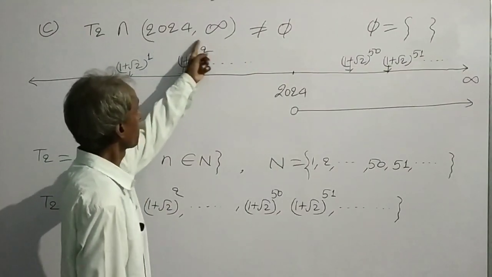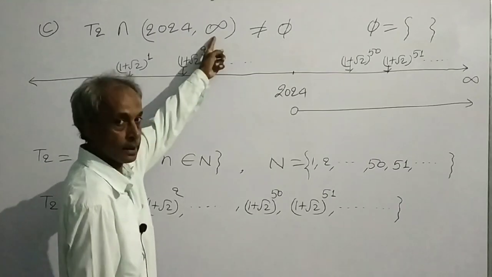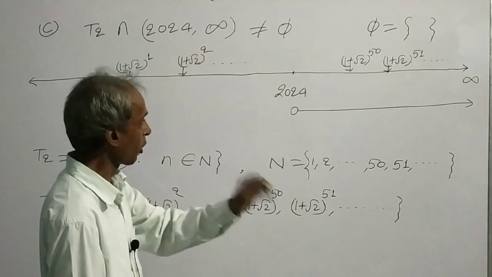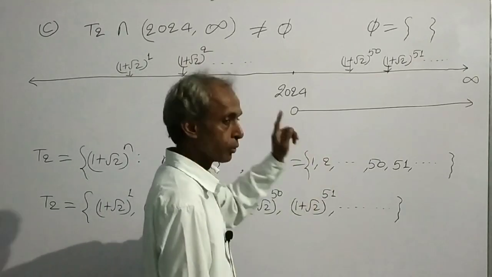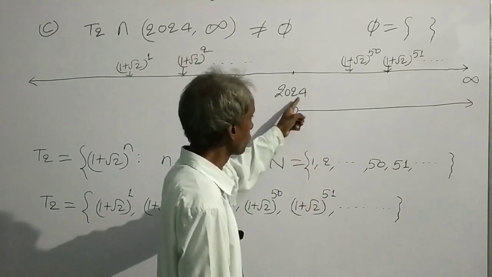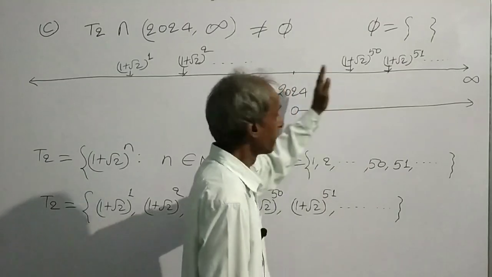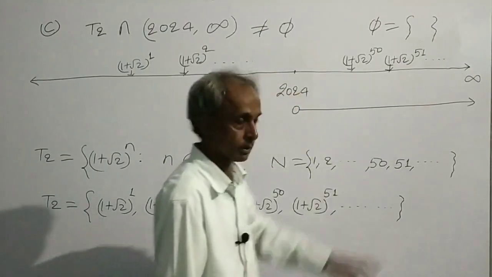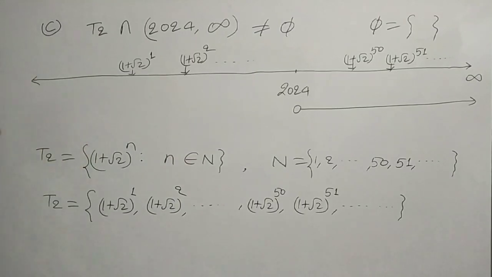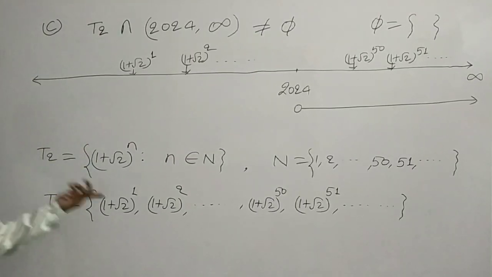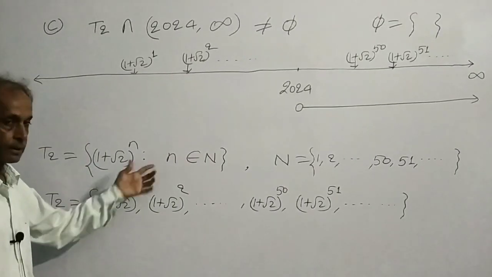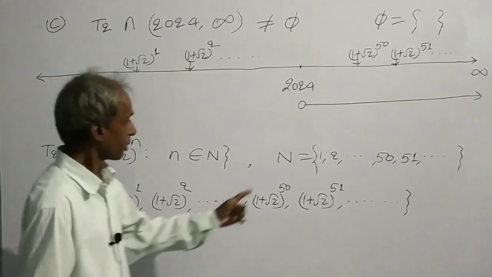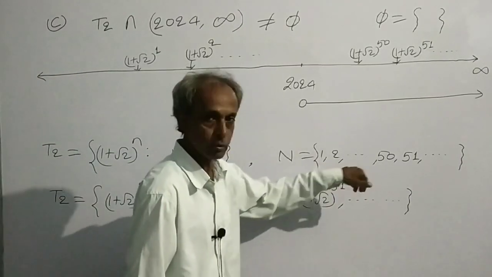This interval written here is a set that contains all real numbers greater than 2024, that means on the right hand side of this number. T2 is given as this set. Here in place of n, we will write the natural numbers 1, 2.